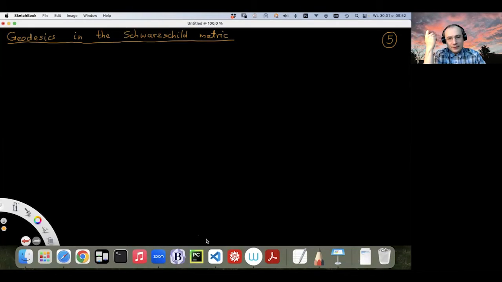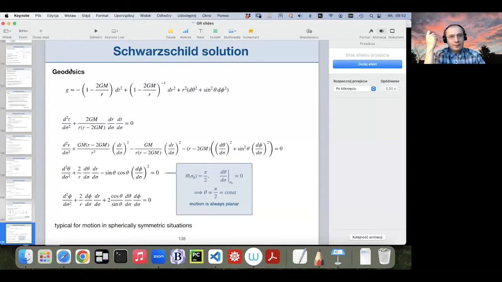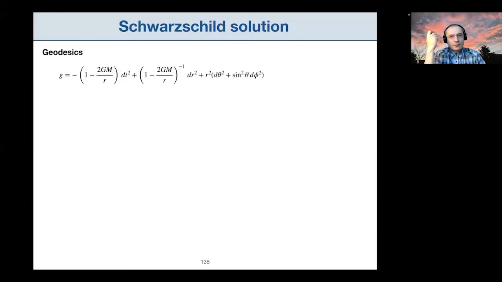But before that, let's have a look again at a few slides I have prepared. So this is the Schwarzschild metric. Using the variational principle, you can derive all the Christoffels and write down the geodesic equation.